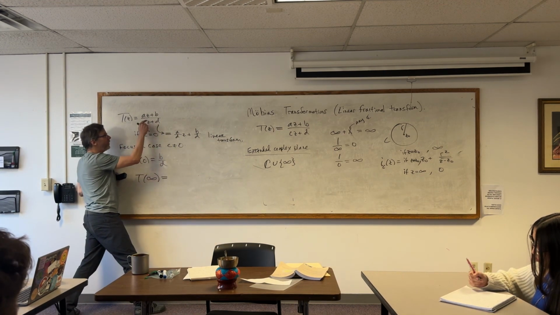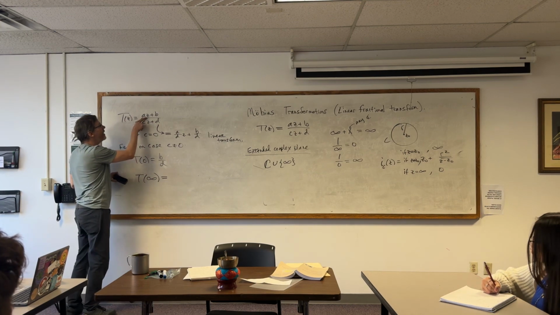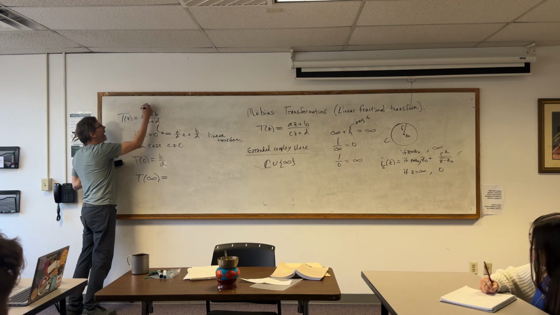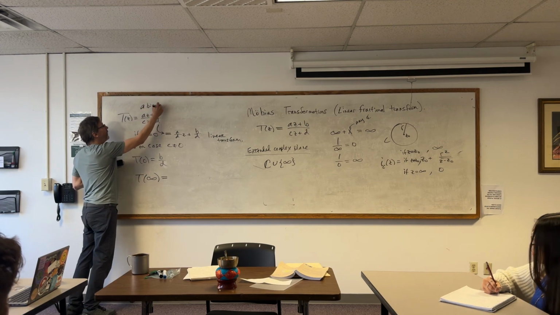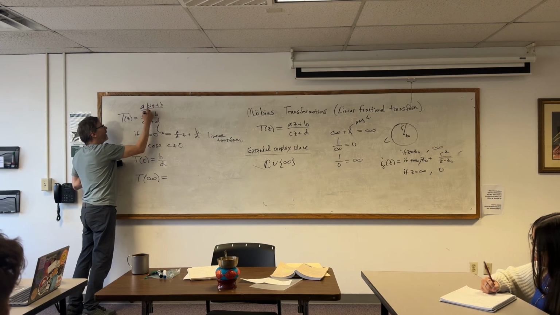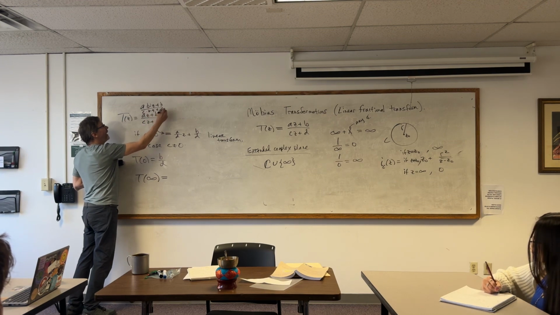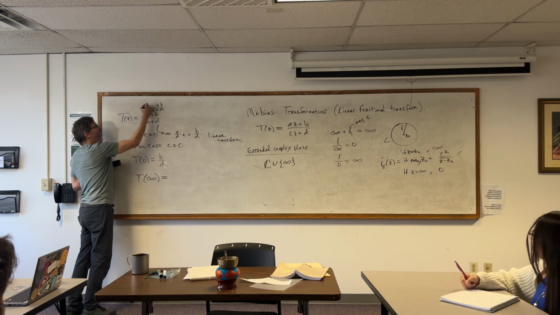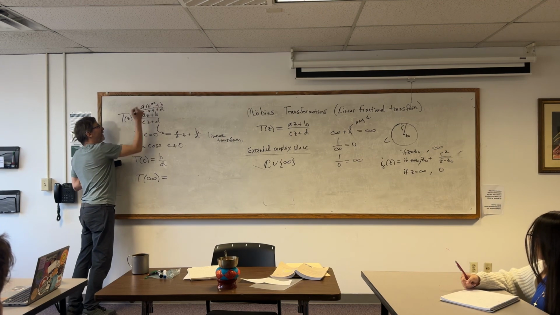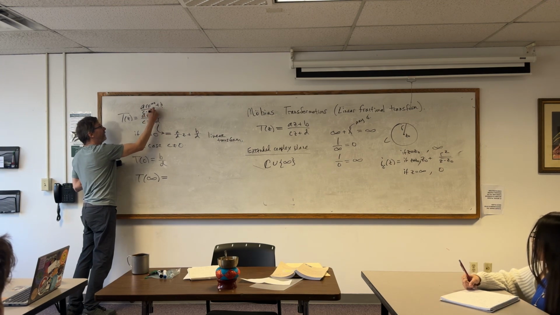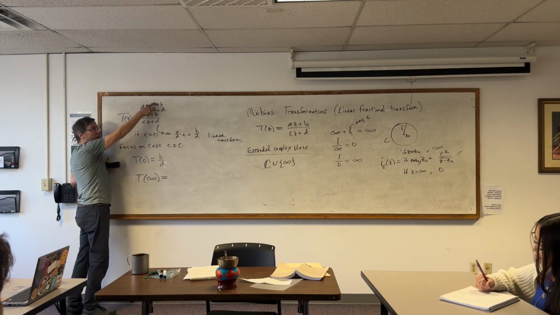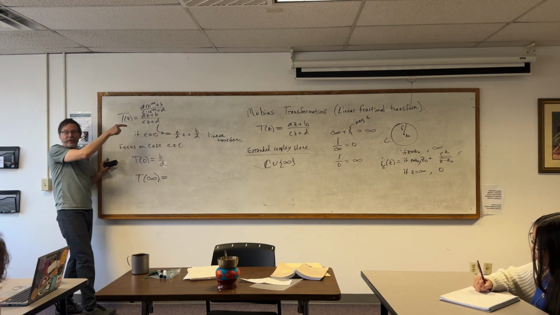Imagine Z is a giant number. What is A times a big thing plus B over C times a big thing plus D? Well, if this thing is big enough, like a googol, then C times a googol plus D, the D doesn't matter.